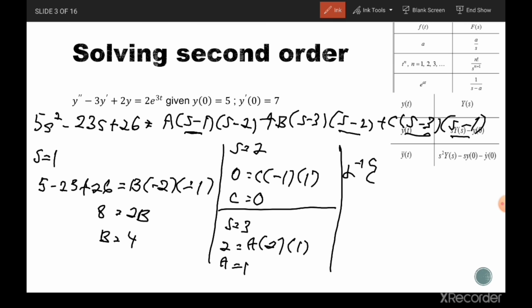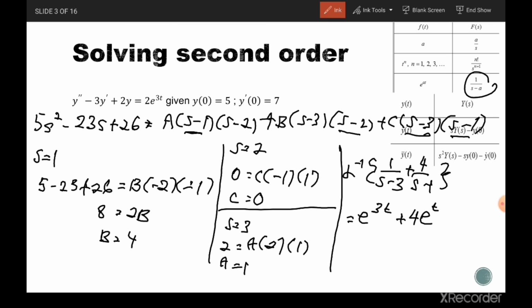Now we can inverse. I write again, just including the values for A and B. Then when we inverse, we inverse the exponent. We have the exponent e to the 3t plus 4 times the exponent e to the t here. So this is the final answer.